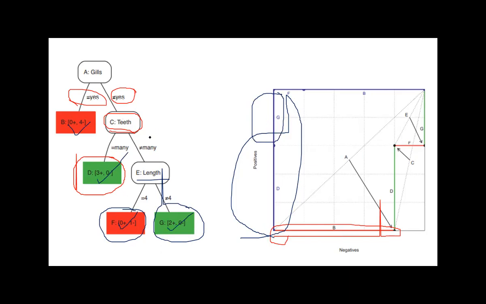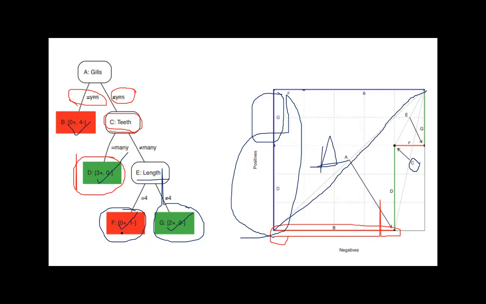Now if you consider C, what is C here? C has both negatives and positives. So C can be placed here. This is A. If you see D and the pures, D, B, D, A, G, so easily we can place.